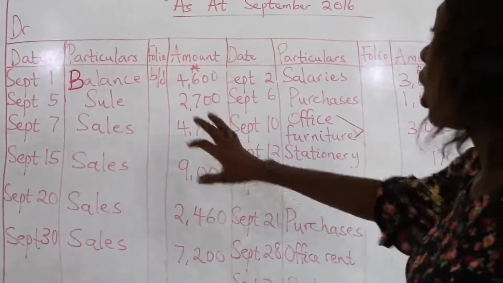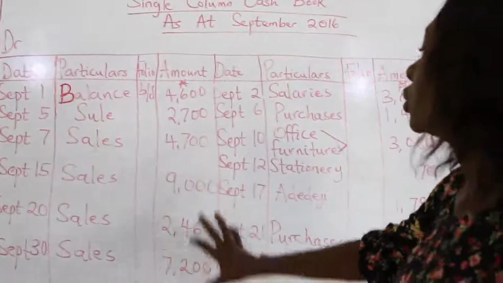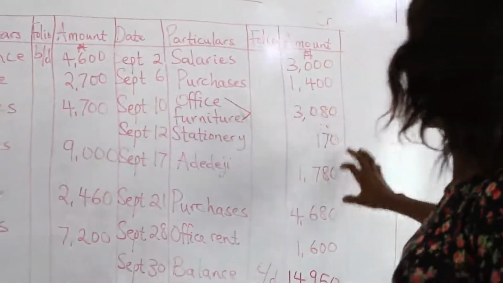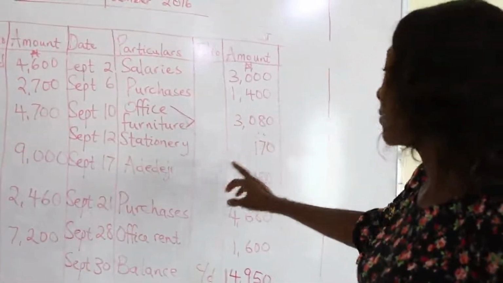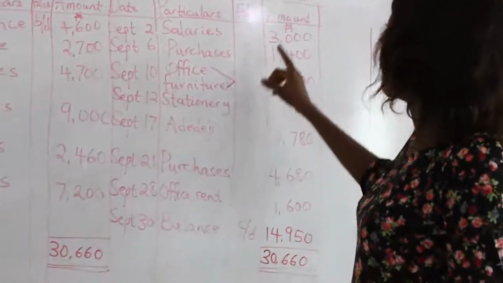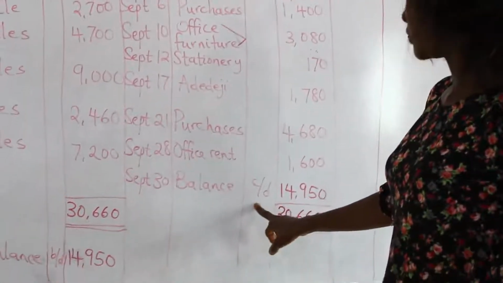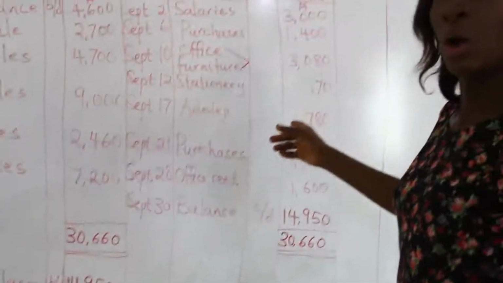book, all the entries on your debit side of the cash book should be higher than the entries on your credit side of the cash book for you to have a balancing figure on the credit side of the cash book. Now, what is the implication of having a balancing figure on the credit side of the cash book?